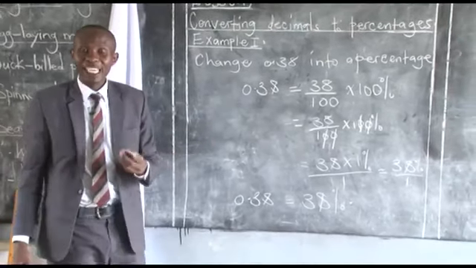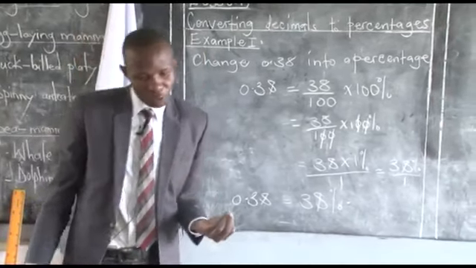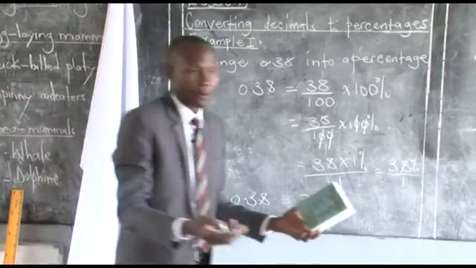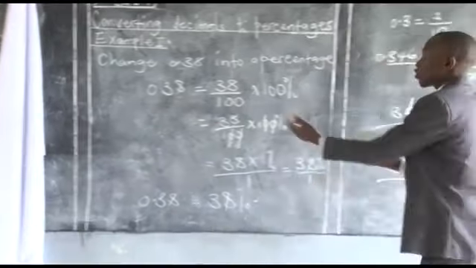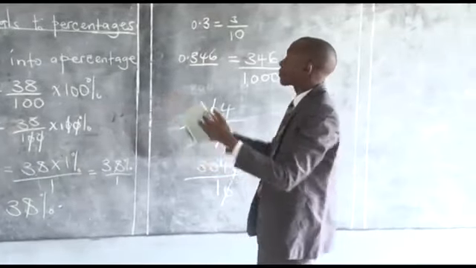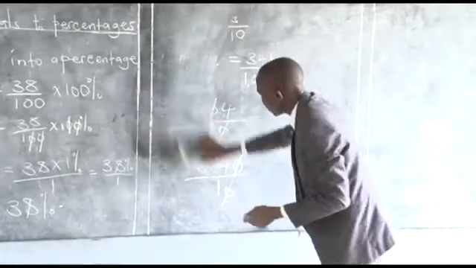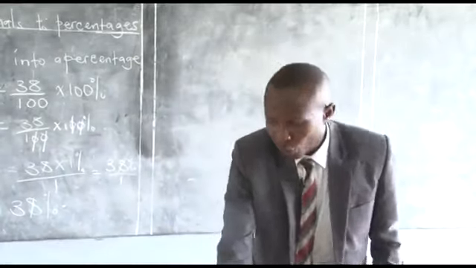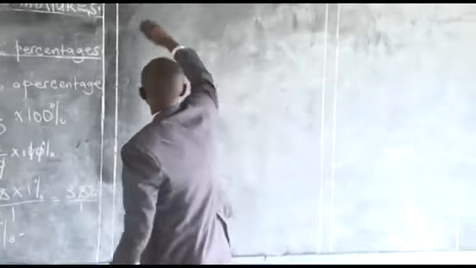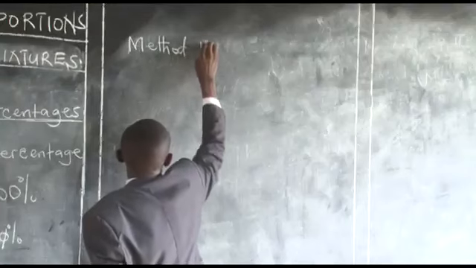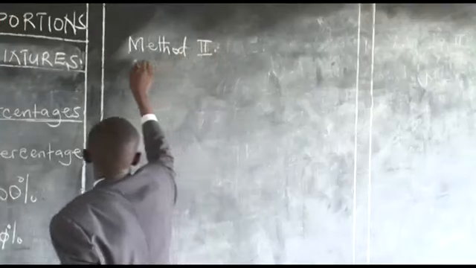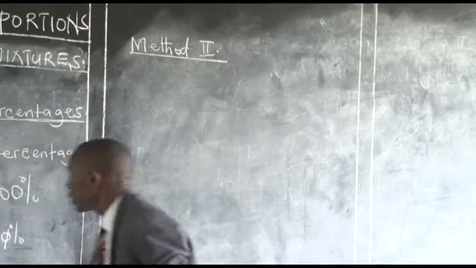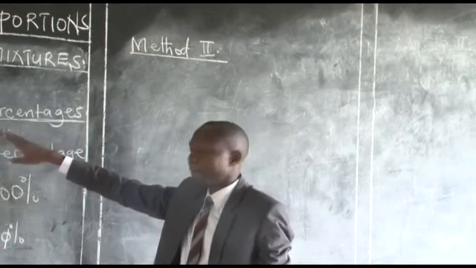Meanwhile, let me take you through the same number using a different method. Let's call this our method 1. We come to method 2. When we come to method 2, we shall look at the number.